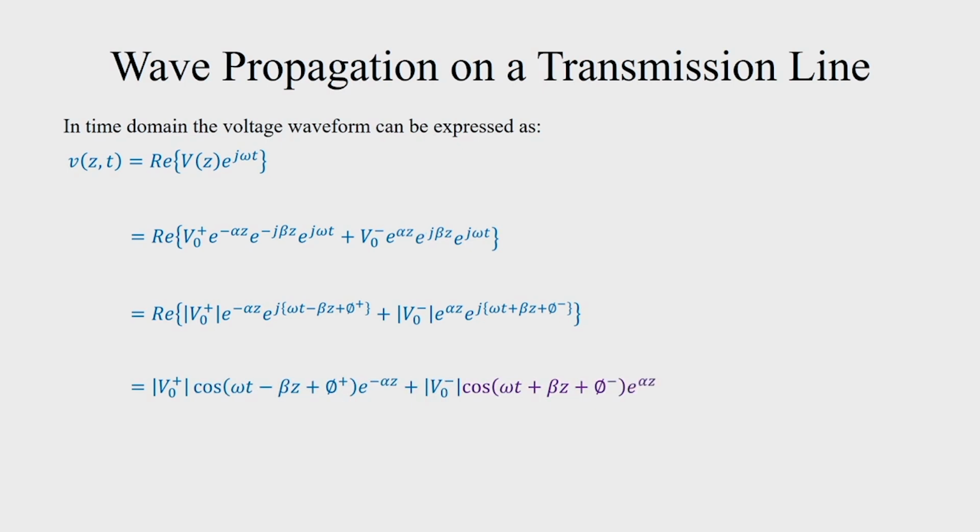the voltage on the transmission line as a function of z and t given by magnitude of V naught plus cos(omega t minus beta z plus phi plus) e to the power minus alpha z, plus magnitude of V naught minus cos(omega t plus beta z plus phi minus) e to the power alpha z.